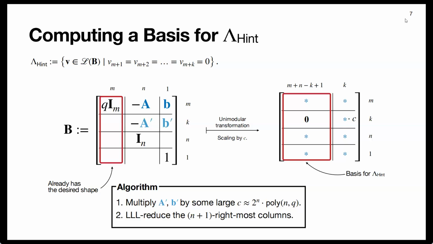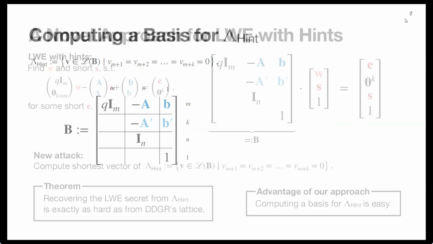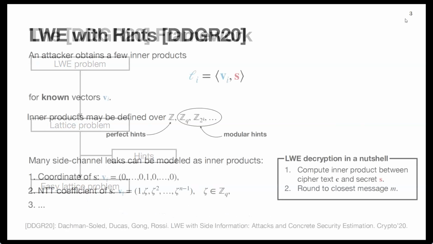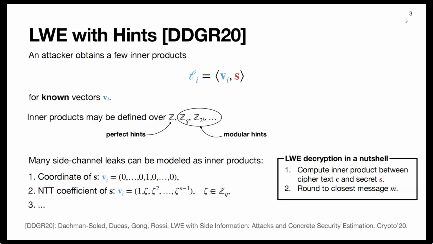I have a question. Intuitively, of course, as we have more hints, we can solve the problem more easily. But in practice, what happens? How reasonable is it that we can have this in practice, with more and more hints?